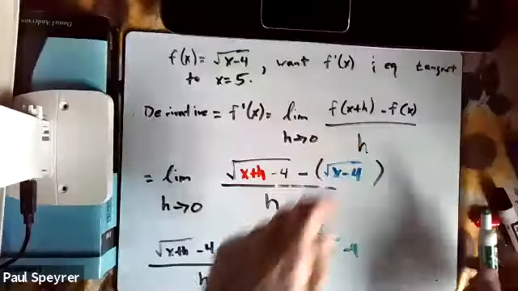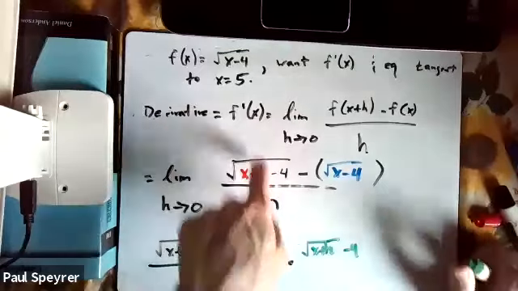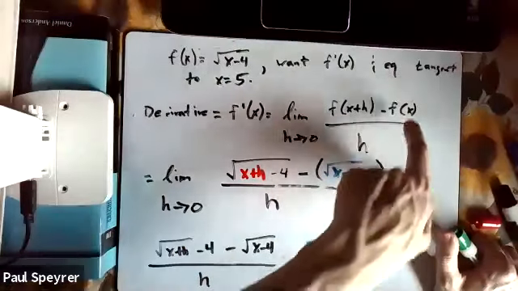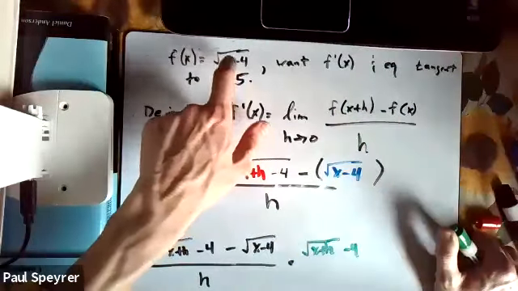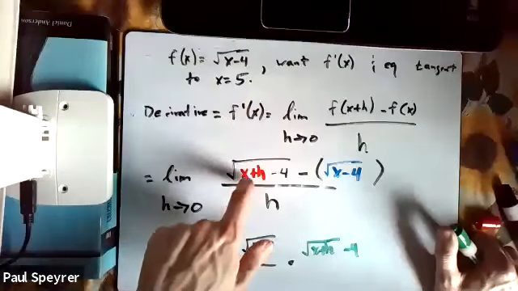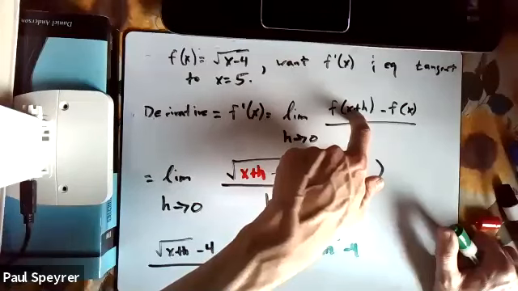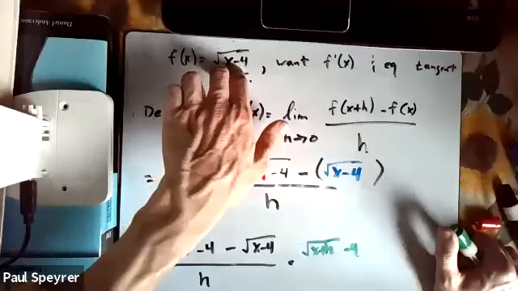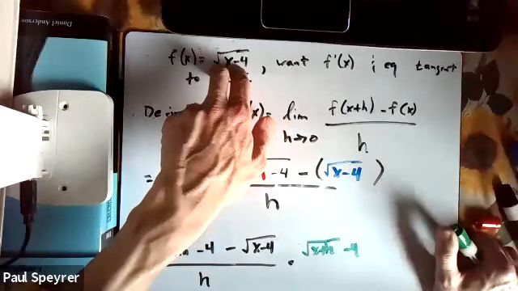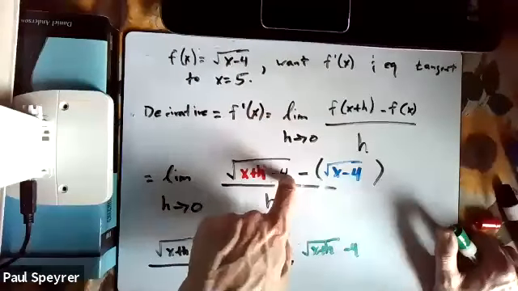Mrs. Fryer, why did you put a -4 underneath the root? Because remember from the f of x plus h, initially our function was square root of x minus 4. F of x plus h says wherever you see an x in this entire function, you plug in x plus h. So I did that right here, but I still have to include the 4.